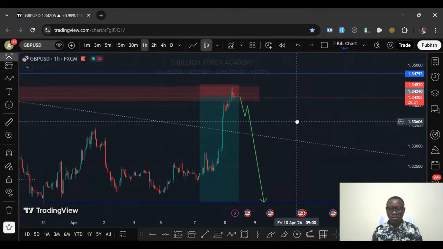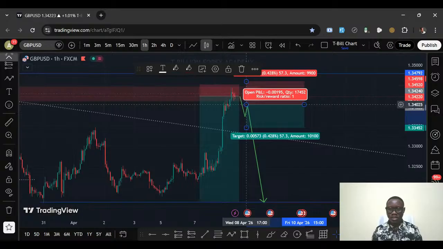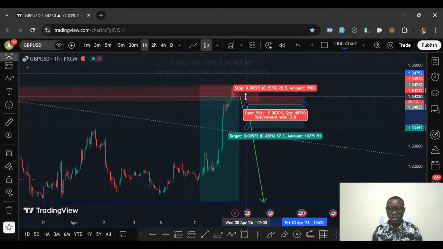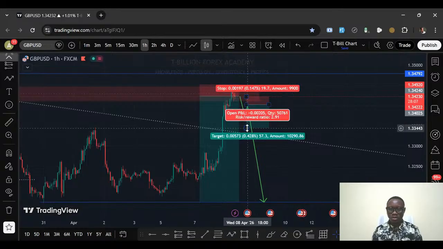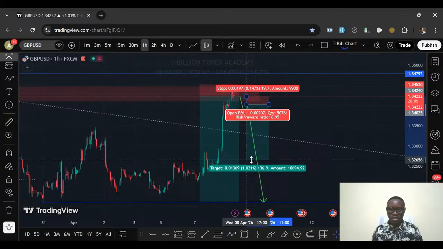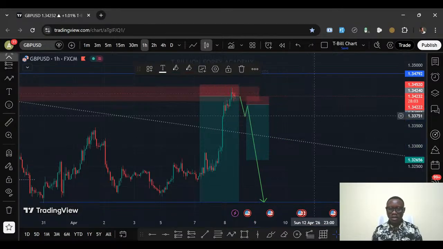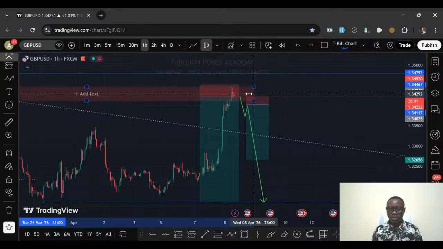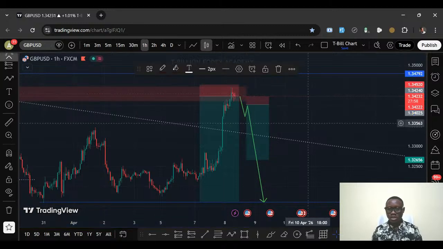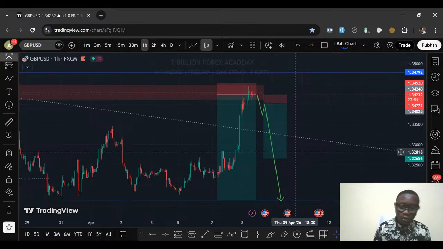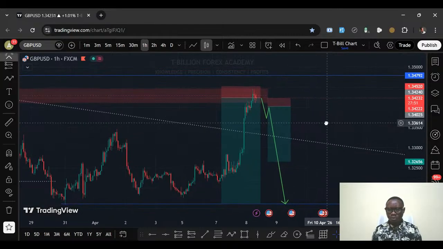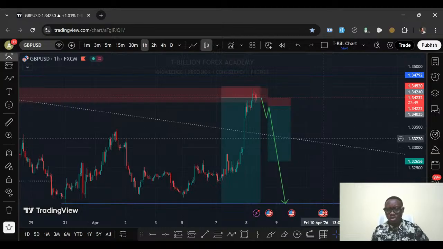Once we have this structure, we will take our short position right here, and our SL will be somewhere around here, and we'll be targeting this other block right here. Like I said, we are going to be very conservative with our take profits so that we don't get trapped in the bullish run, because I can see a very strong bullish potential.